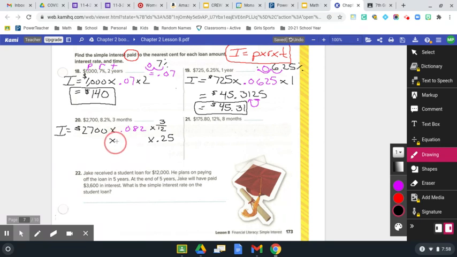So I'm just going to re-plug in here the rest of what I have. And we can actually work this out left to right. Let's do it. So $2,700 loan times that 8.2% interest as a decimal, times a quarter, times 0.25.